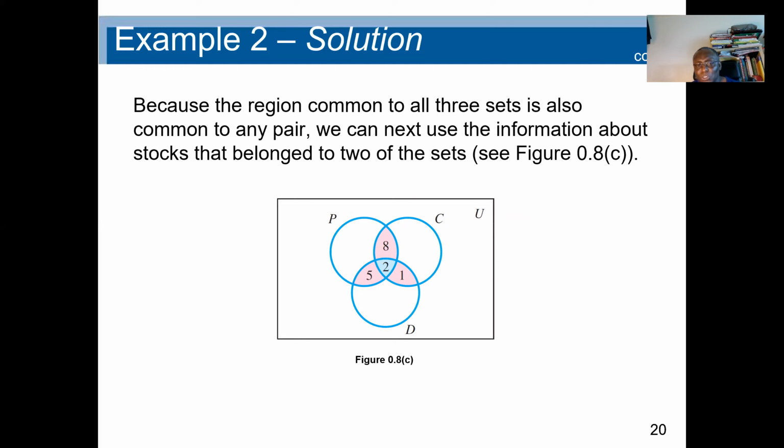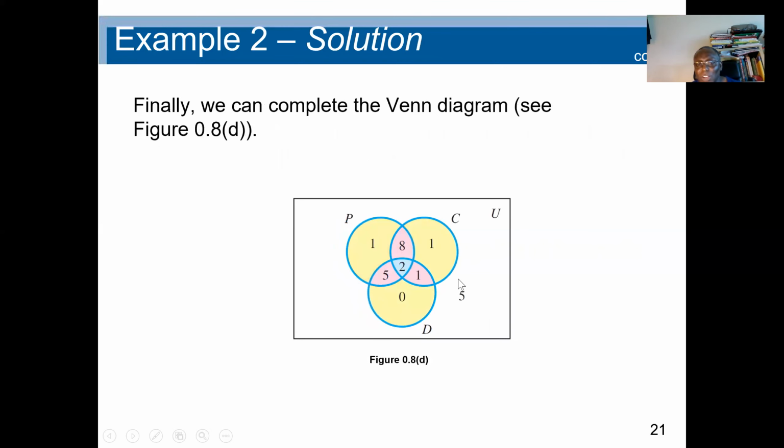It belongs to P and D, and we can see again that C is not included. When you look at 1, we have C and D, but P is not included. When you look at 8, we have P and C, but we don't have D. Based on the values, the rest is only D, which is 0.